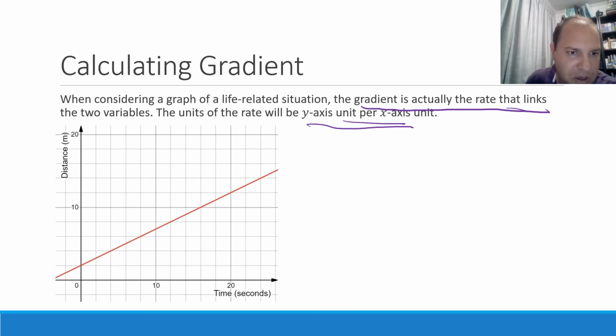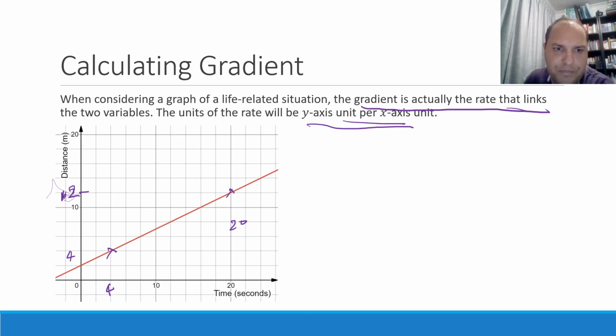So let's say we're picking a point, let's say this one here, that's going to be a 4, and that's going to be a 4 there as well. If we're going up in 2s, then let's say that one there is 20, and that one there is 12.